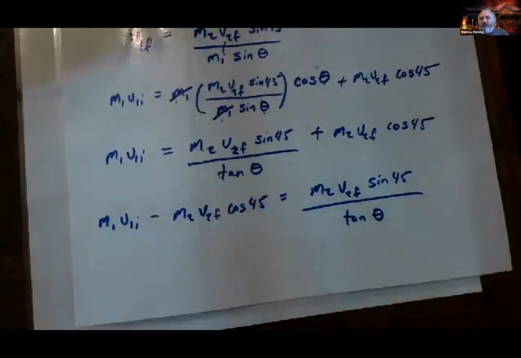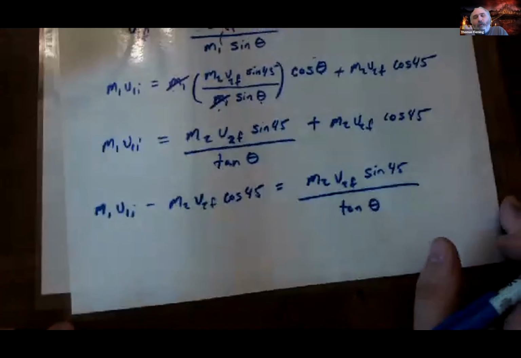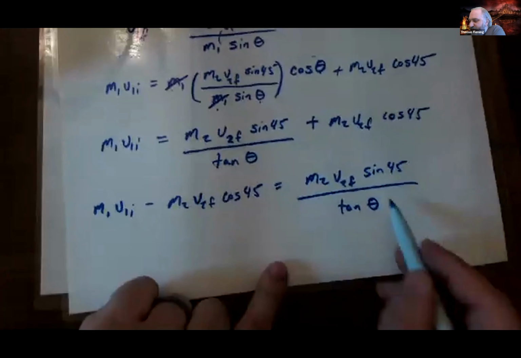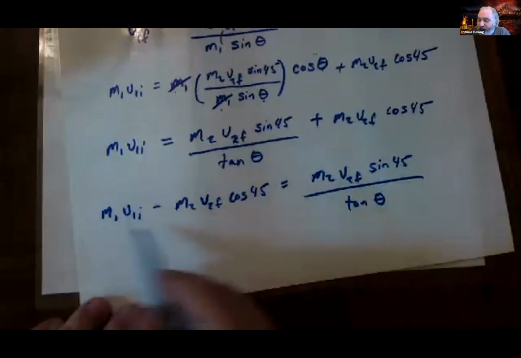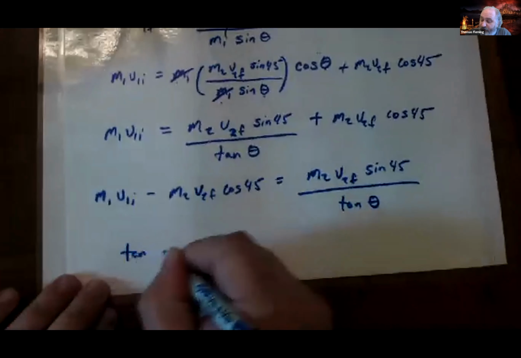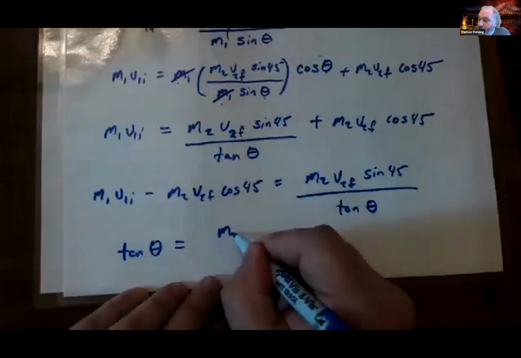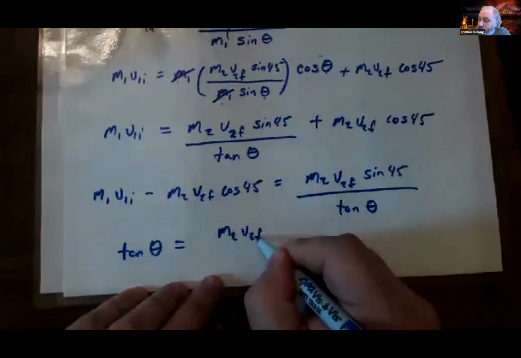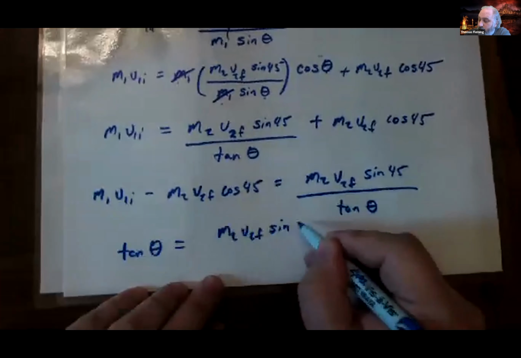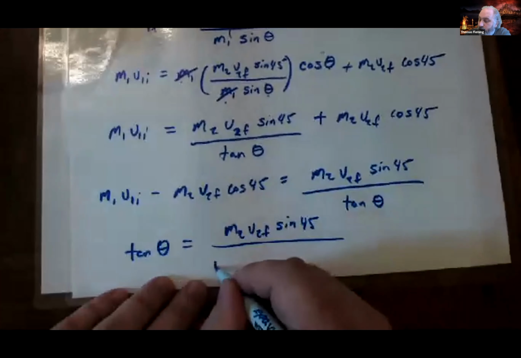So just to keep the amount of space I use on the page reduced, what I know is going to happen is this is going to swap places with all of this. So I'll end up with the tangent of theta equaling this divided by all of that.